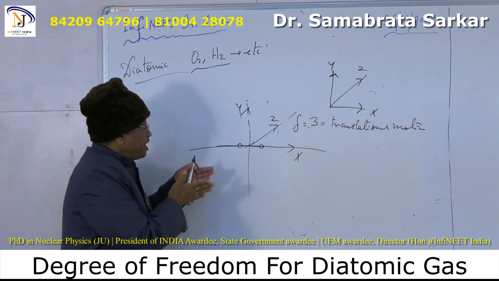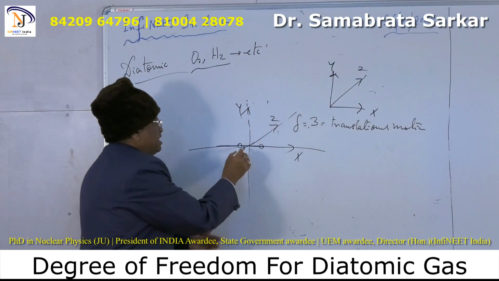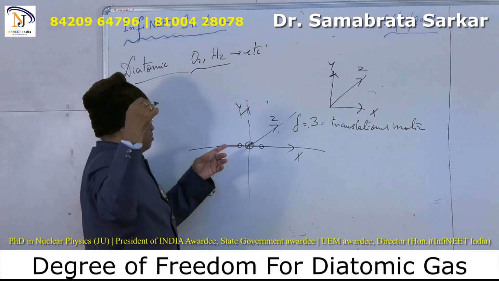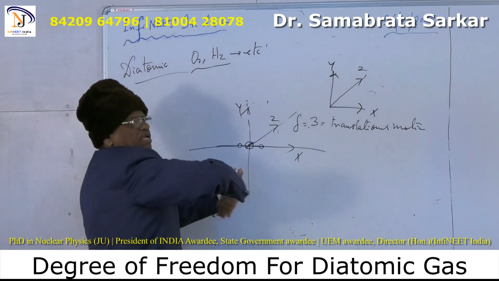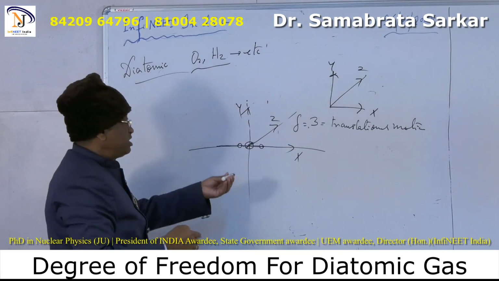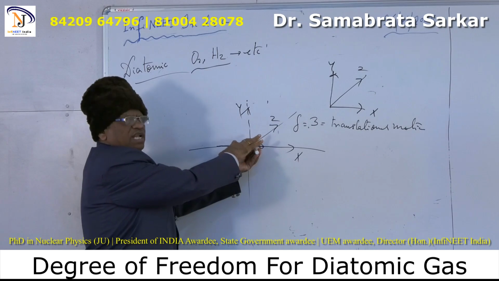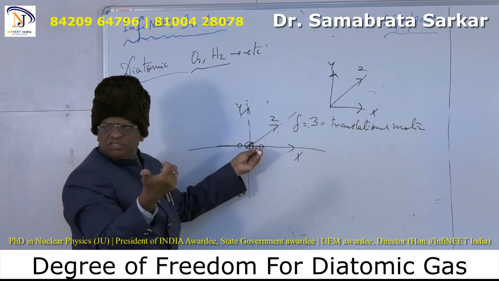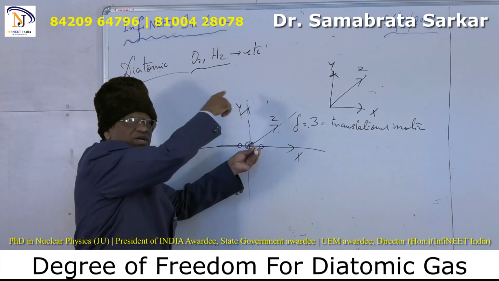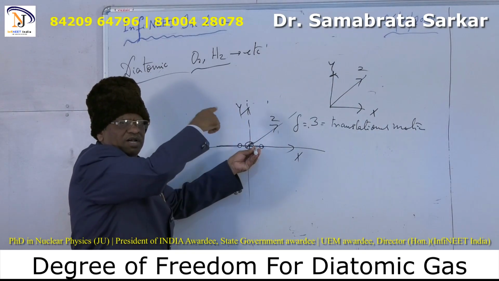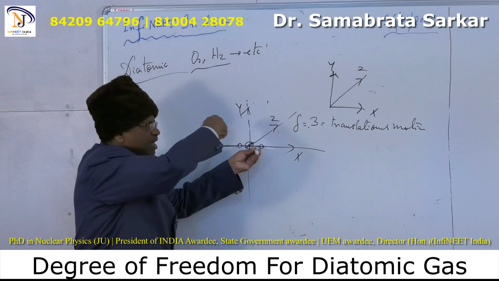Here this is one axis, from this to that. It's the axis along which it is rotating. The two atoms are separated by a distance, and that distance is not negligible. That's 1 degree of freedom you are getting in this way.